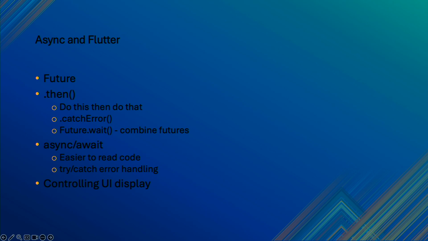To use async await, you mark the body of a method with the async keyword, and then you use await to wait for the return value of a future. The task is still happening asynchronously, but now the complexity is hidden behind the await keyword.